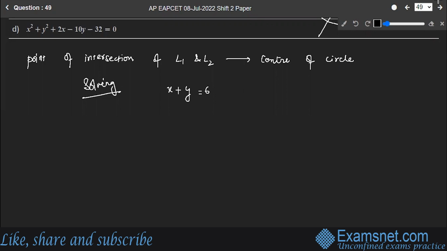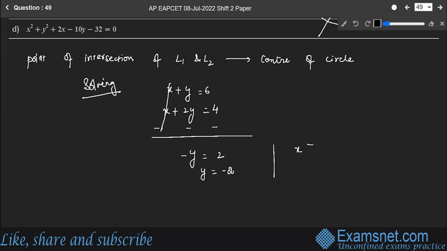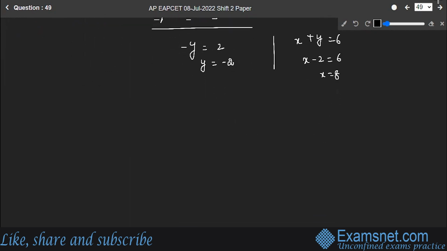Second one was x plus 2y is equal to 4. Let's subtract. So you will have minus y is equal to 2, or y is equal to minus 2. Similarly, over here, you can find out the value of x because x plus y was equal to 6. So if y is minus 2, x will be 8. So you got the center of the circle as (8, minus 2).